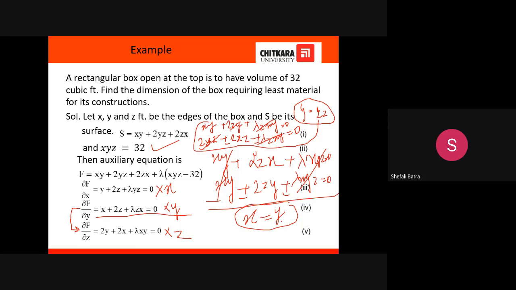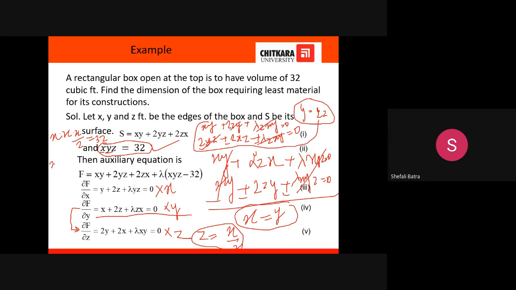So if x is equal to y is equal to 2z, can I write z is equal to x by 2? Is it right? z is equal to y by 2 and y is equal to x. Why am I writing this? Because I'll put x, y, z all in terms of x to get the value of x from the constraint. This x would be x, this y would be again x, and this z would be x upon 2, that is equal to 32.